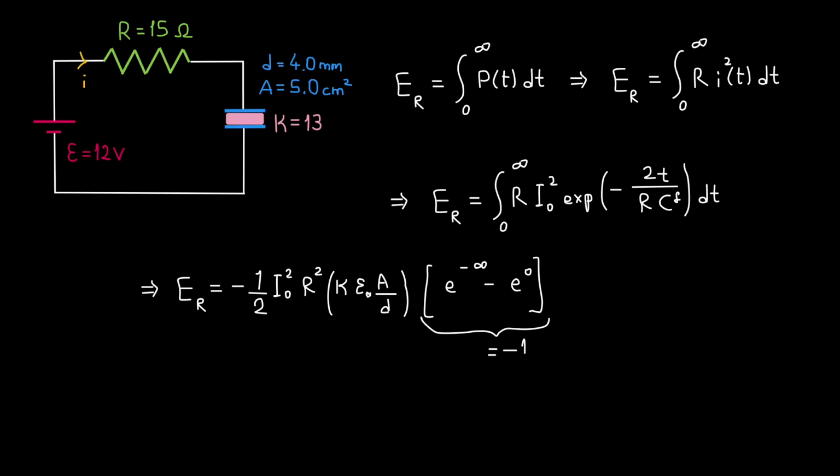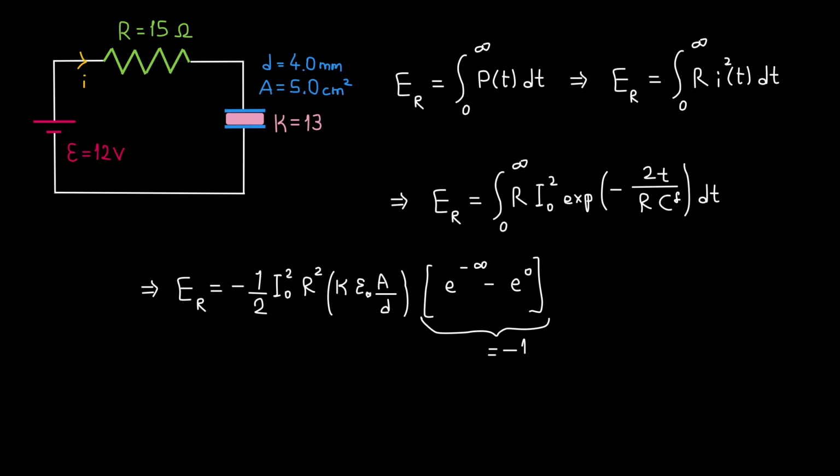Finally, we're calculating the energy dissipated by the resistor for the same time interval, that is from t equals 0 to t goes to infinity. Again, we integrate power over time. Because this is a resistor, power is equal to R i squared, again i being our time dependent variable.